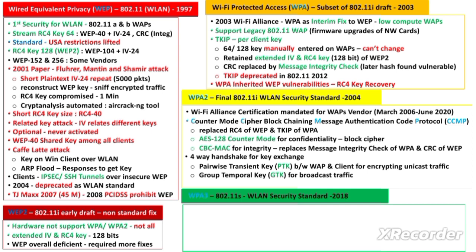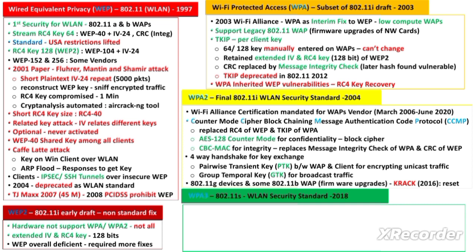One was the pairwise transient key, and this transient key was exchanged between wireless access point and client for encrypting the traffic to one or single client. And if the traffic is intended to be broadcasted, then group temporal key was used.